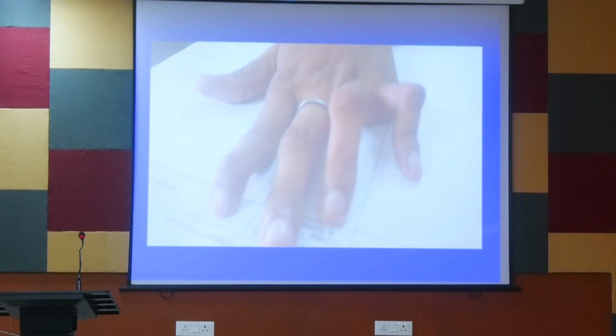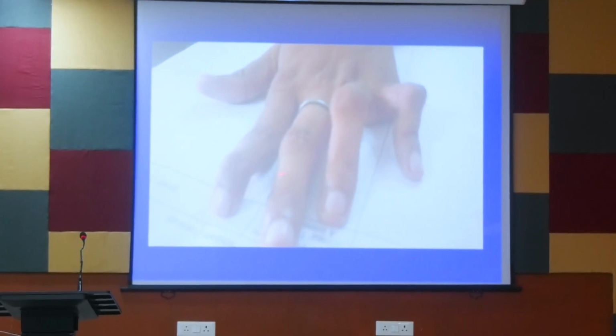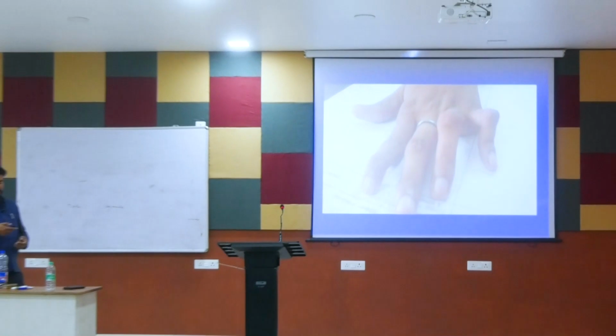Any swan neck deformity in this hand? Index finger, good. See, flexion at the DIP joint. DIP joint is not involved, but due to chronic muscle spasm, that can cause this flexion.